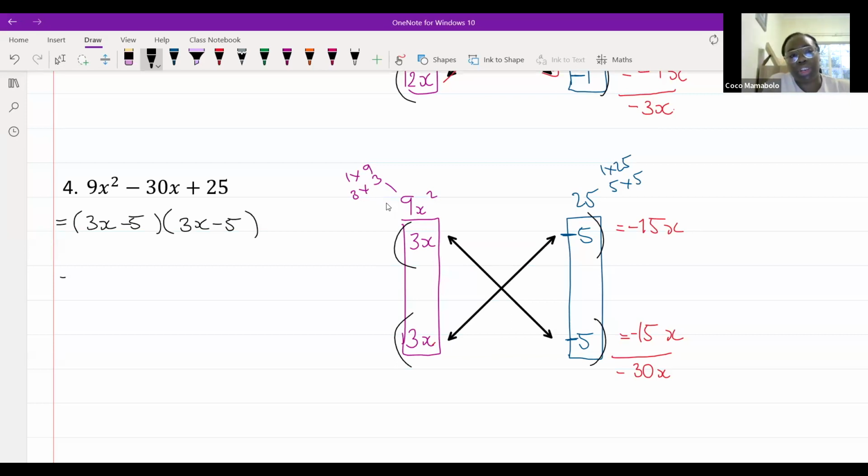So we can rewrite this as 3x minus 5 all squared, because it's the same thing twice. Emmanuel, you deserve all the flowers. Well done.